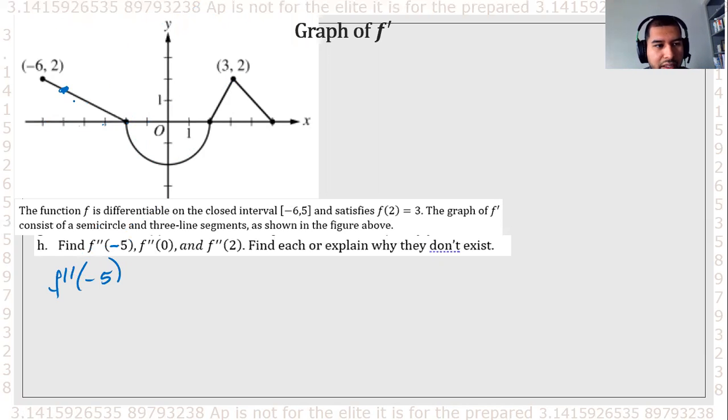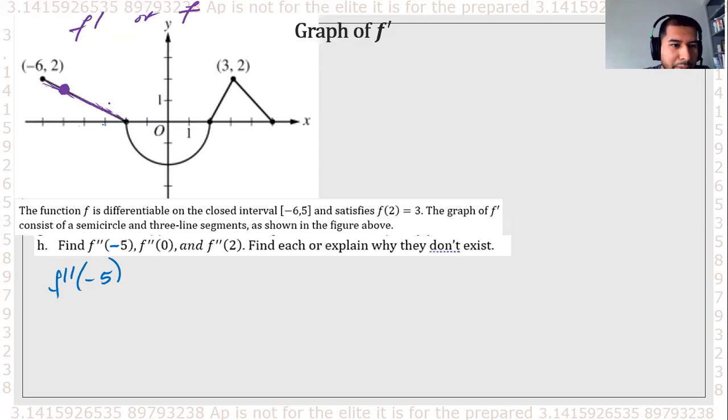So what would be the rate of change of this line? As mentioned, guys, you're literally looking at the slope of the slope, right? This f prime is already the slope of f. So right here, what would be that slope?